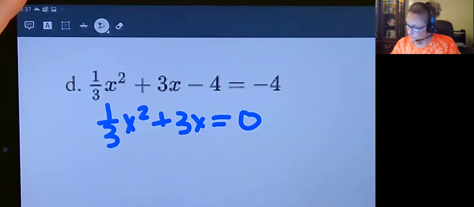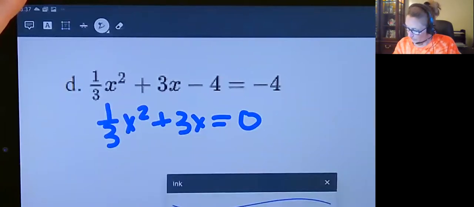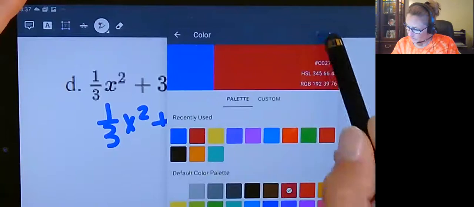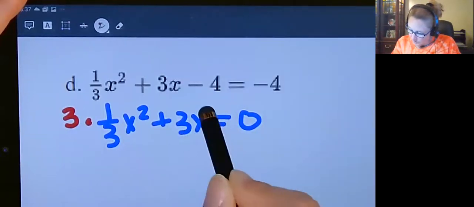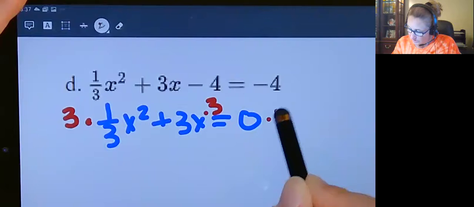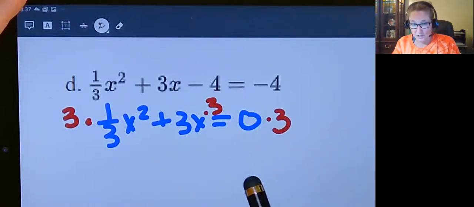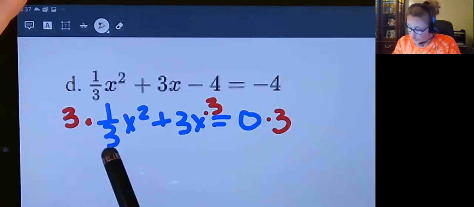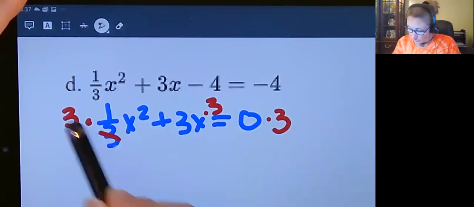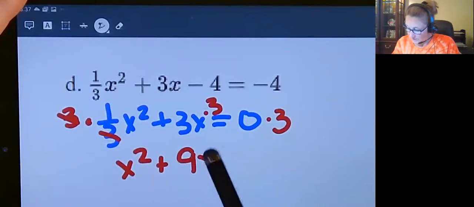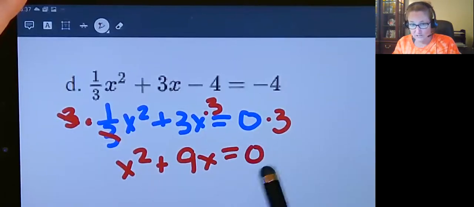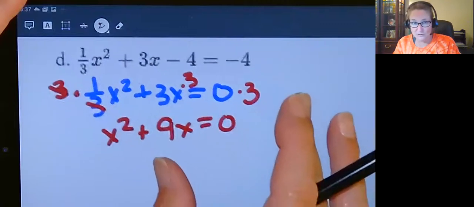So what I'm going to do is multiply everything by 3. I'm going to fraction bust. I'm going to multiply this by 3, this by 3, and this by 3. And when I do, these 3's are going to cancel out, and I'm going to be left with x squared plus 9x equals 0, and that might be a little easier for us to deal with.